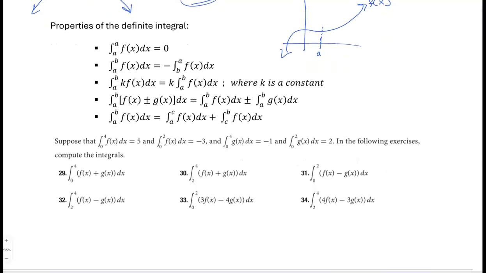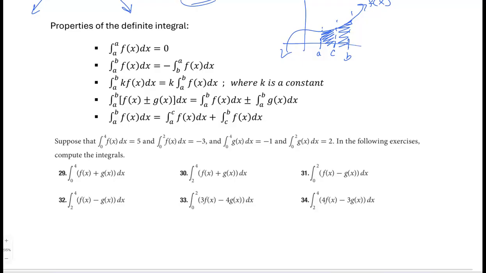And then the last property says if I'm integrating from a to b, I could split that up between 2 regions if I needed to. So I could think about a to b integrating from a to c, this guy, and then integrate from c to b, and this guy. You can see how these would add up to that original region, a to b.